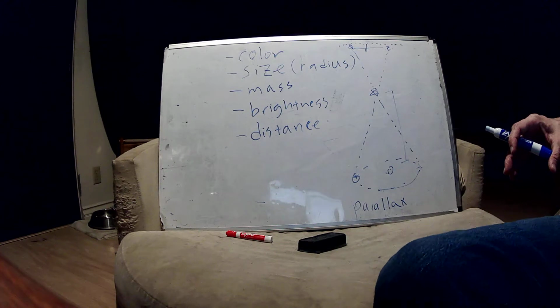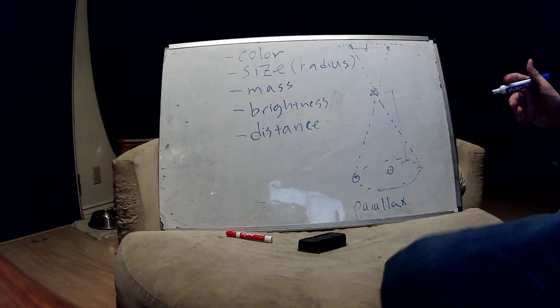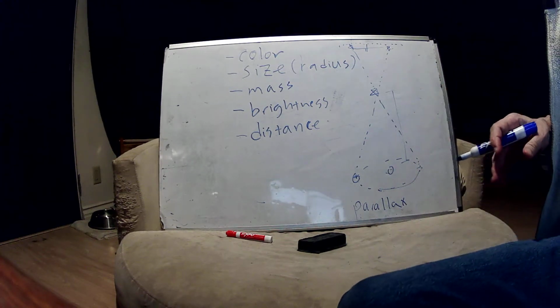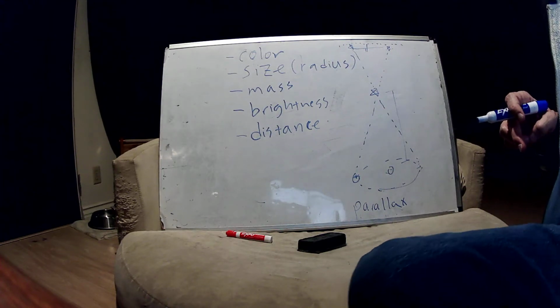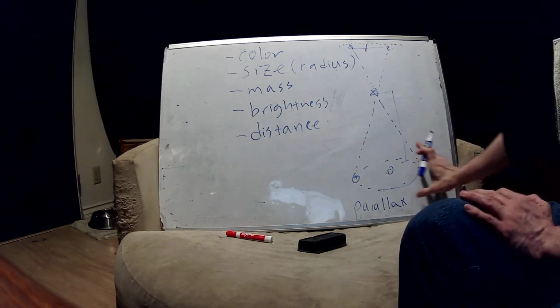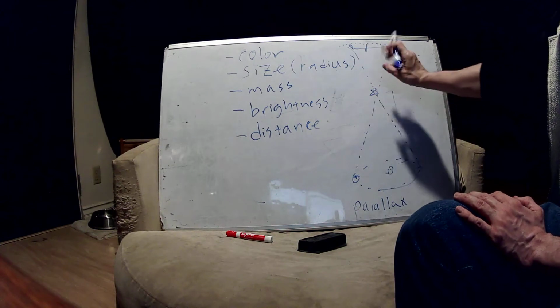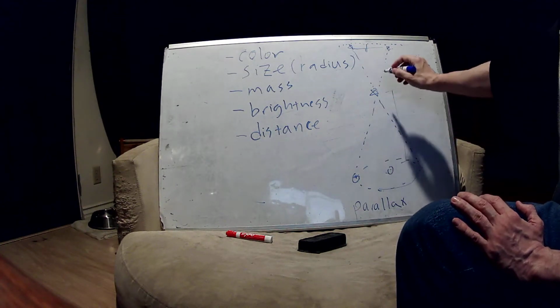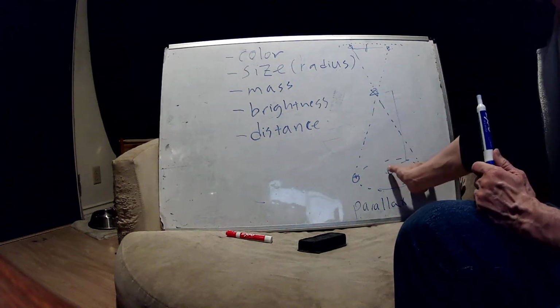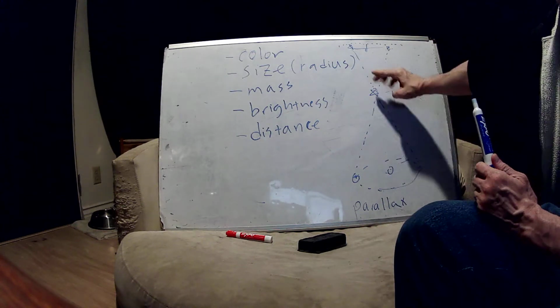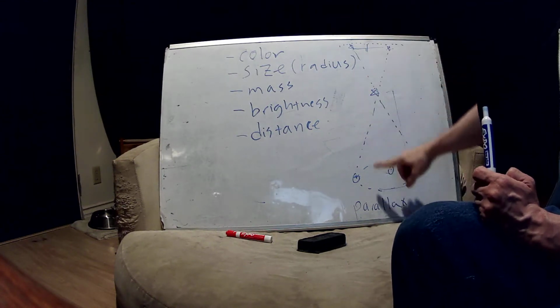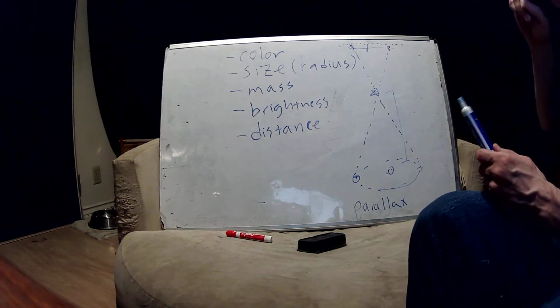It takes light 4.3 years to get here from our nearest neighbor star, Alpha Centauri. And so this is not drawn to scale. If this is 1 astronomical unit, this would be 50,000 astronomical units. That's really, really far.